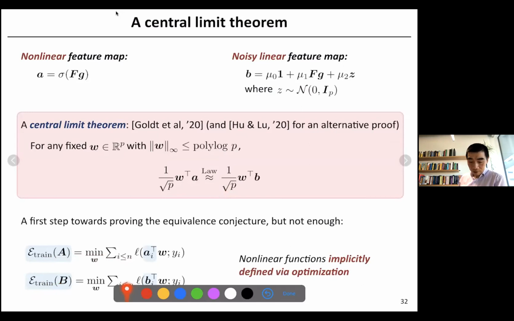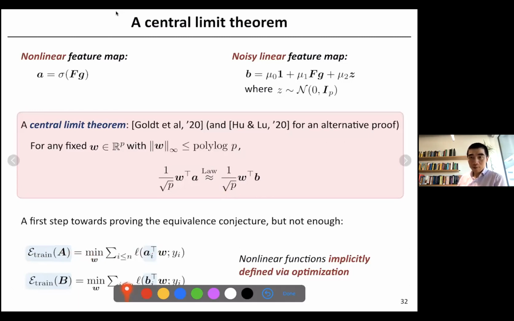The A version comes from the nonlinear random matrix, and the B version comes from the linear Gaussian random matrix. The main challenge comes from the fact that these quantities are not explicitly defined functions. They are implicitly defined through some high-dimensional optimization problems.